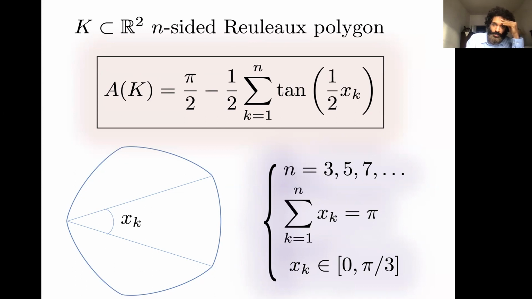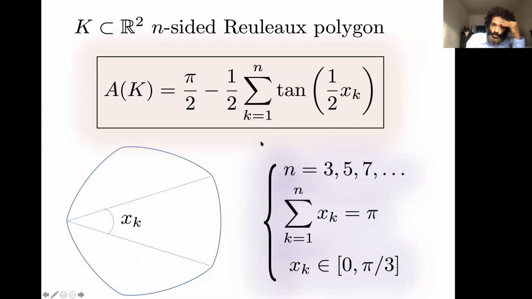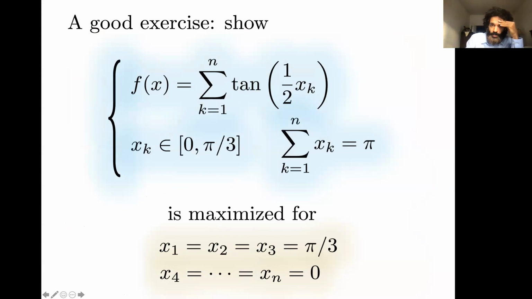The little calculus problem, well, it's a calculus problem of several variables. You can strip this part away, because this is really the variable part, and study this function f of x, a function of n variables, the sum of tangent of one half x_k, where the x_k sum to pi, so they're in some sort of simplex, and they're also restricted to all belonging to the interval 0 to pi over 3.